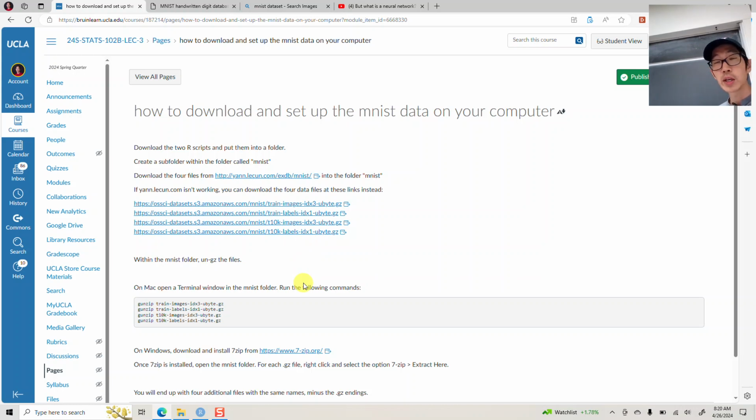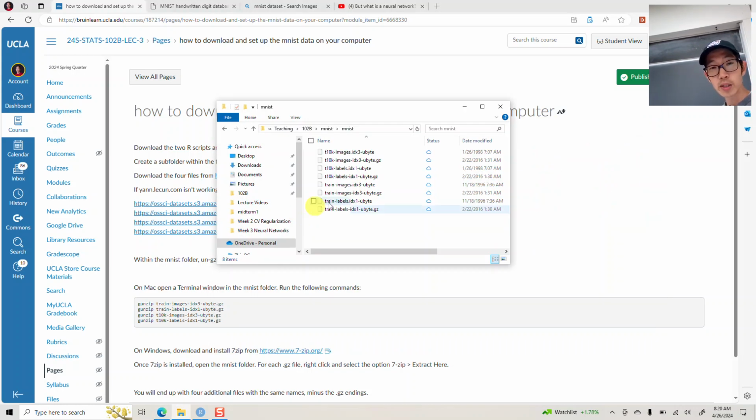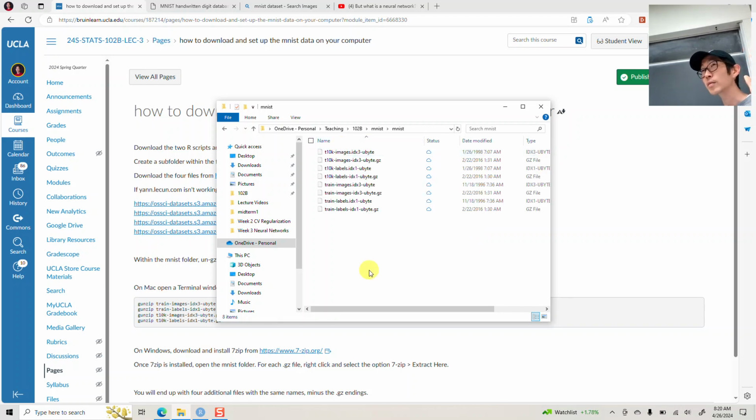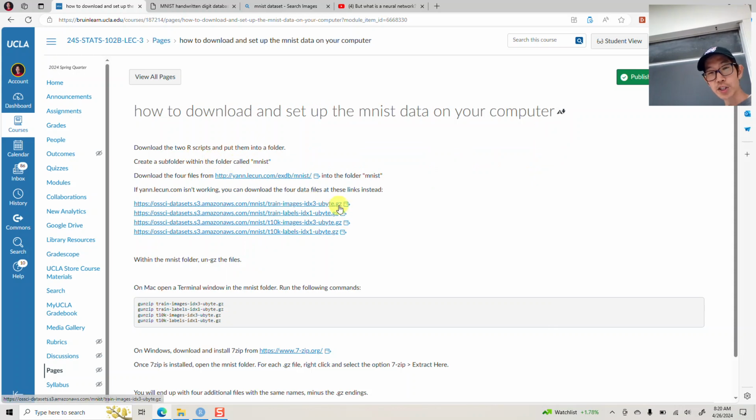When you download them, I strongly recommend creating a folder where you're going to have the scripts, and then inside that another folder called MNIST where you're going to put the data files. When you download them, they come in as .gz files.